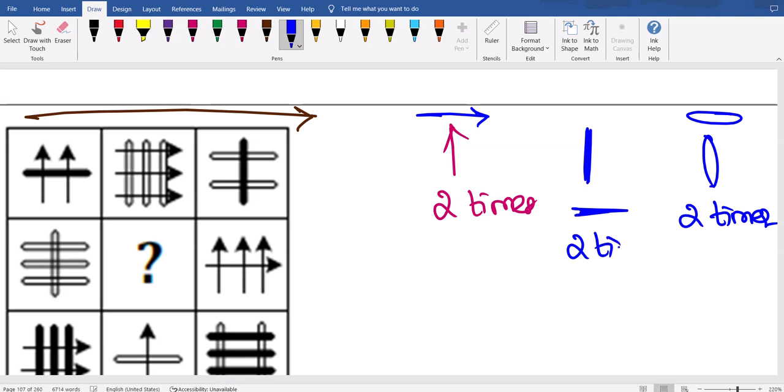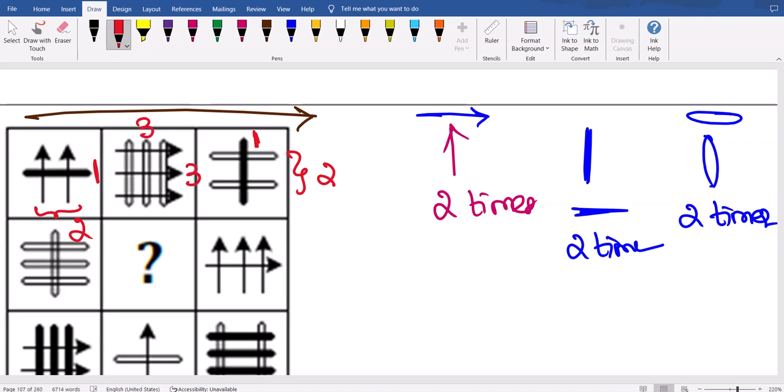Then if you observe the numbers related here, one, here one number 2 times. This is 2 arrows, here 2. Quantity 2, here quantity 2, here quantity 3, here quantity 3.